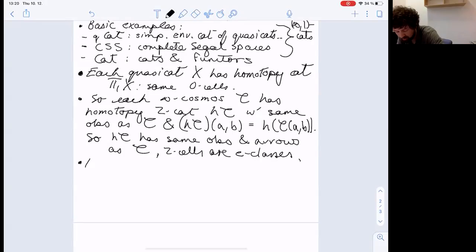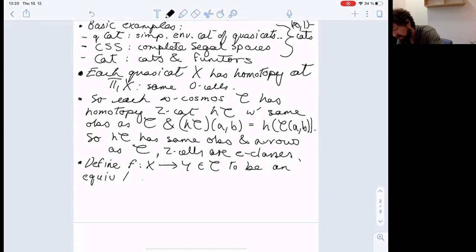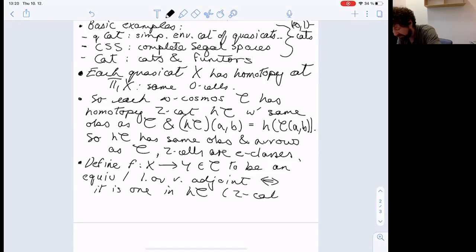For example, we can define a morphism in C to be, for instance, an equivalence or left or right adjoint if it is one in HC, which is a 2-category.